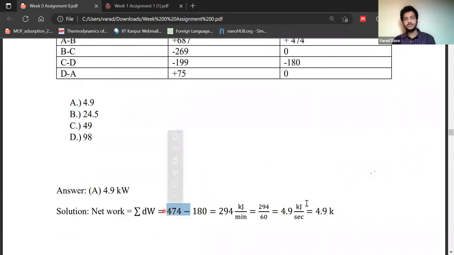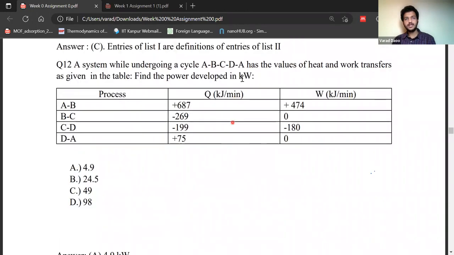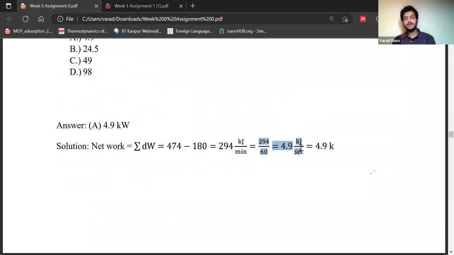So minus 180, which is 294 kilojoule per minute. But as we are asked in kilowatt, we divided by 60 and we get kilojoule per second, which is nothing but kilowatt. So W is missing here. It should be kilowatt. Okay, 4.9.